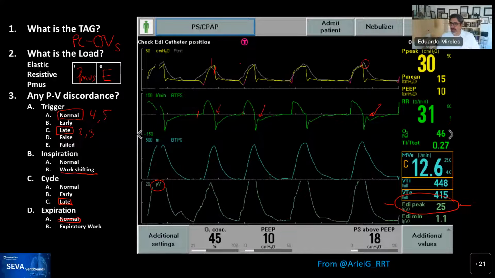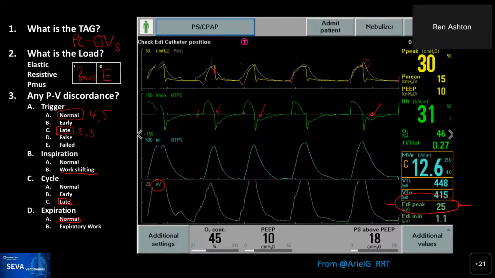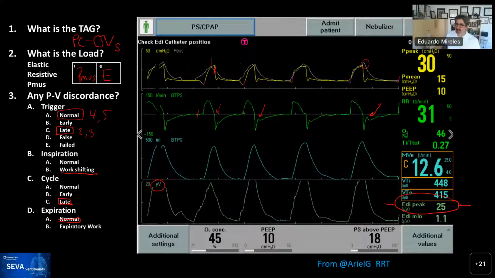Eduardo, NAVA was being used before. I always manipulate these images. My idea was to show the differences between mechanical inspiratory time and neural inspiratory time. As you can see up there, the catheter position was questioned at that time, but the only reason we have these graphics is because I wanted to make it educational for all of you.